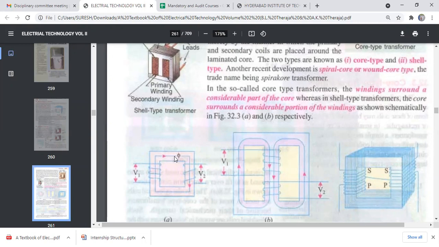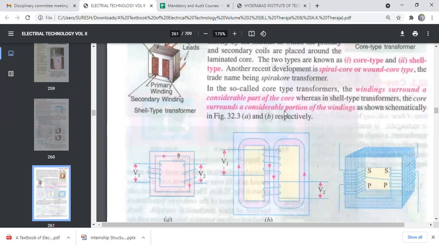That's why it is called shell type. But in the first case, the coil is surrounding the core. In the first diagram, the core is surrounded by the coil. But in the second diagram, the coil is surrounded by the iron piece or core. That's why there is a difference between core type and shell type.